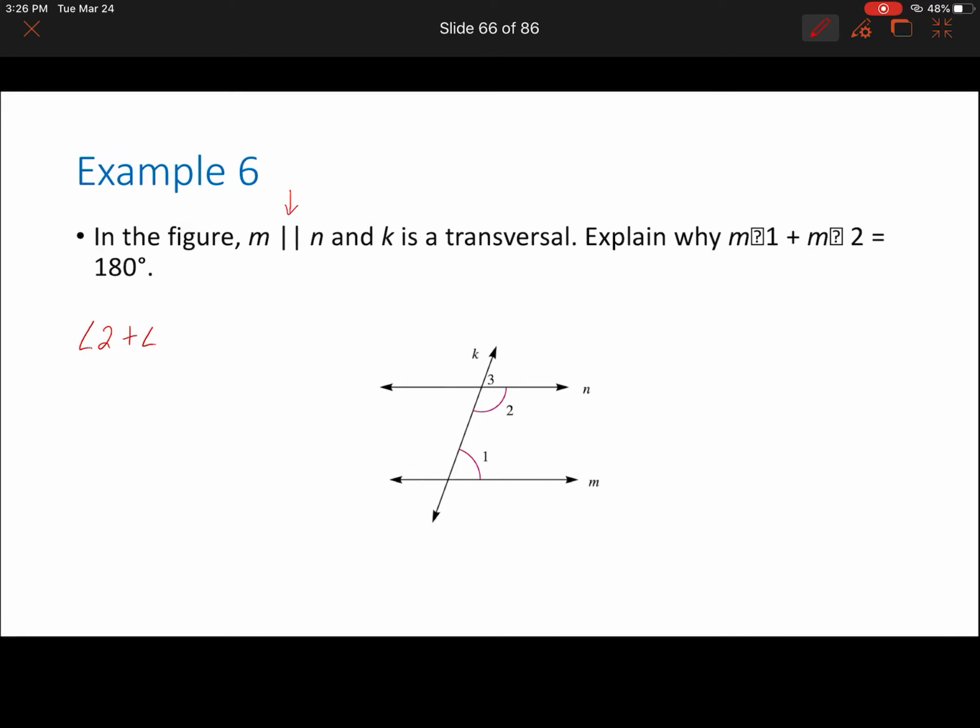So really the easiest thing is to understand that the measure of angle 2 plus the measure of angle 3 has to be 180 degrees because they're supplementary.